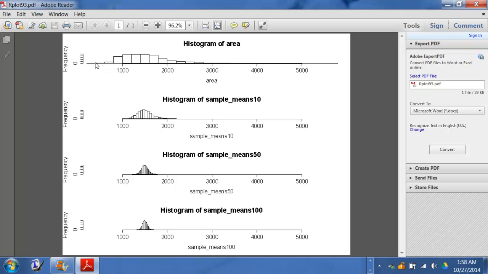You can see it goes from down here all the way up to here, and it's skewed. This is just putting everything on one graph, and then here are the histograms with 10, 50, and 100. So the population and all of the sampling distributions have the same center or close to it, while the population has the widest spread, and the spread gets smaller and smaller as n gets larger.